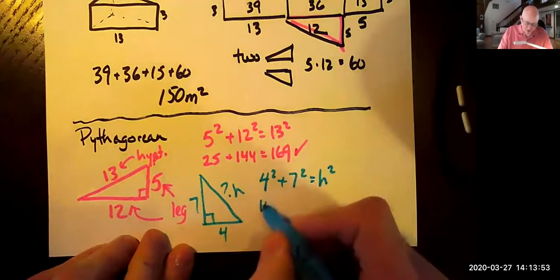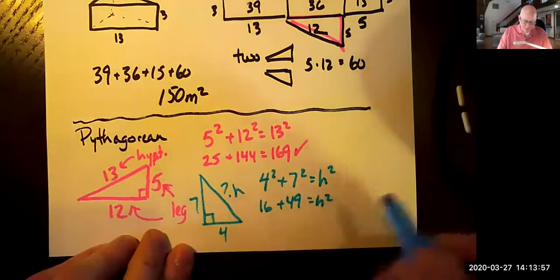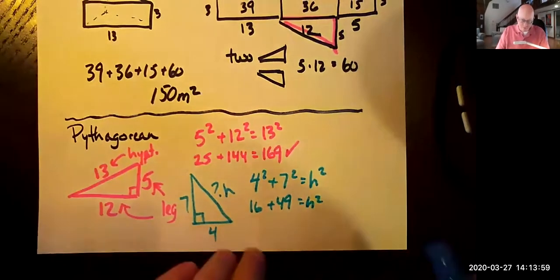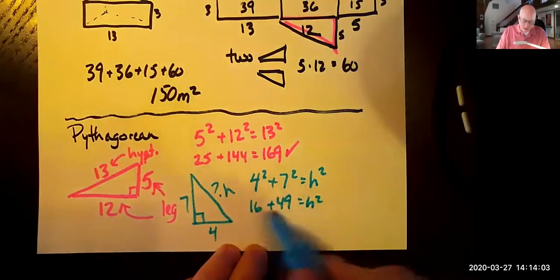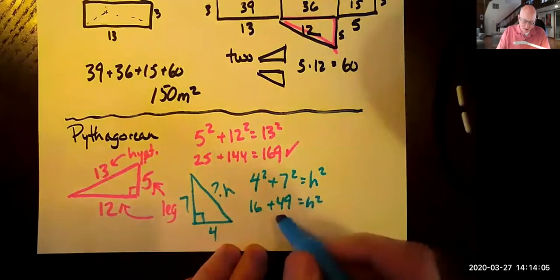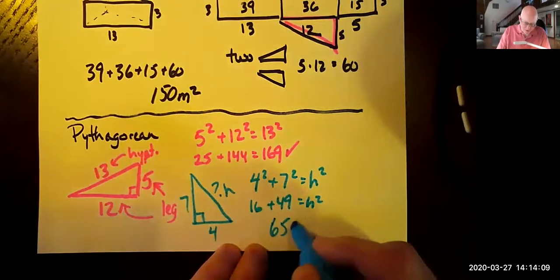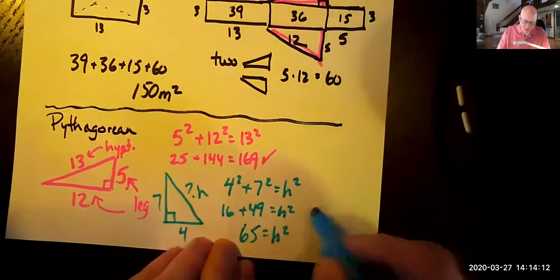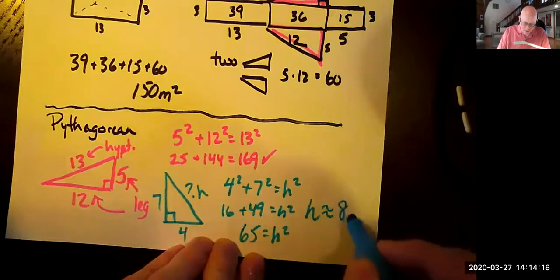4 squared is 16. 7 squared is 49. H squared is actually the sum of 16 and 49. So 16 plus 49 seems like 65. 65 equals h squared. That means h is approximately 8 point something.